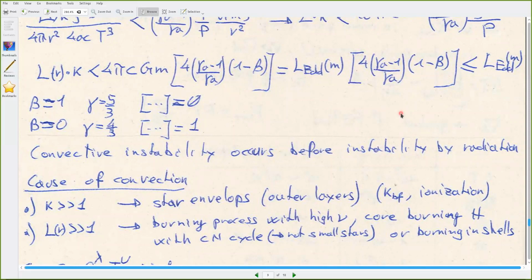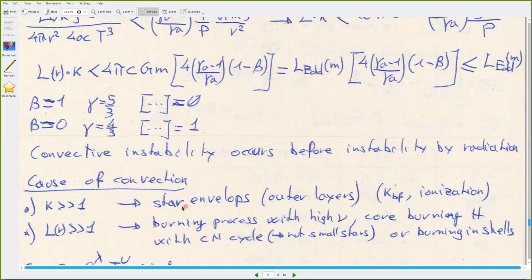This is a stronger situation that will start the convection. As we saw, convection can be caused by an opacity really big, because this is the condition for the stability. So if this part is too high, too great, we have instability for the convection. So the opacity can be really high.